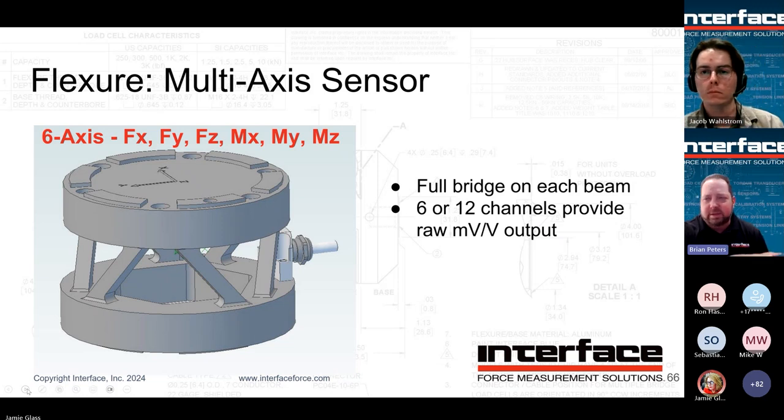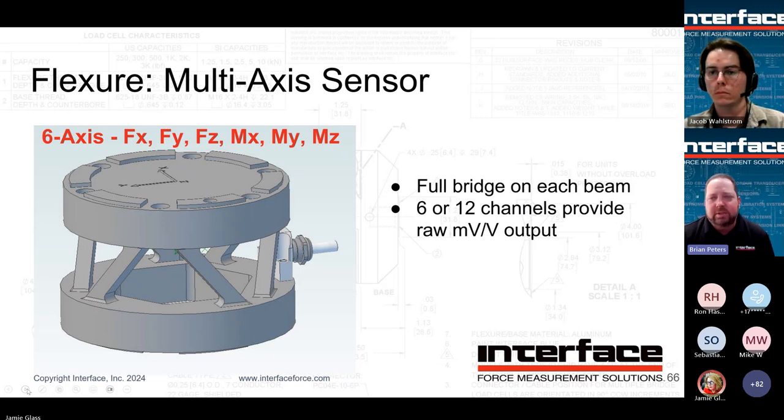So instead you get a composite output with everything, and through calibration and characterization of the sensor, and then typically through calibration matrix adjustment on the instrumentation side, which is why we always recommend one of our BX8 amplifiers with these units, so you don't have to do the math yourself. You can then isolate and calculate out what the discrete outputs are for each channel or each axis that you're trying to measure.